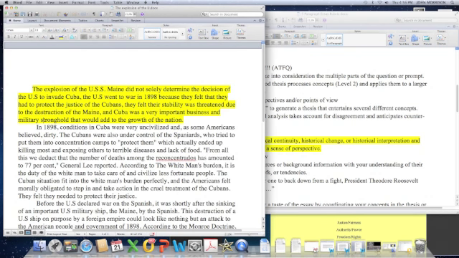Here's an opportunity to mention imperialism or expansionism, or perhaps the rise of America as a military power. And as I come down here, I'm reading this, a very important business and military stronghold.